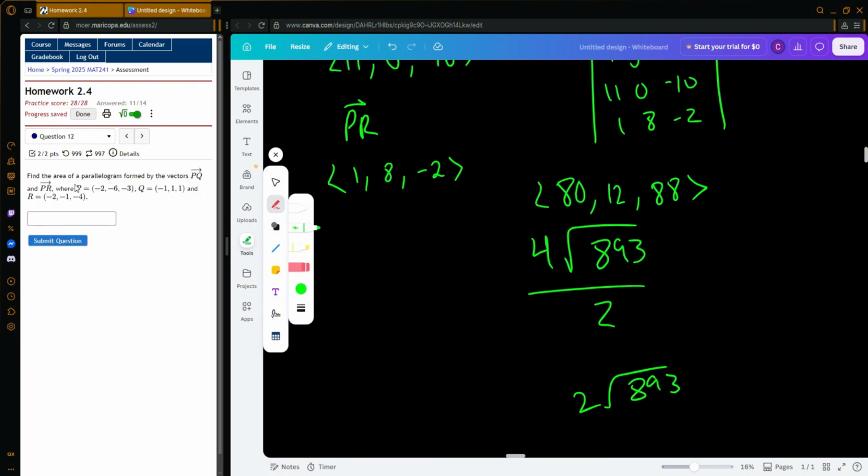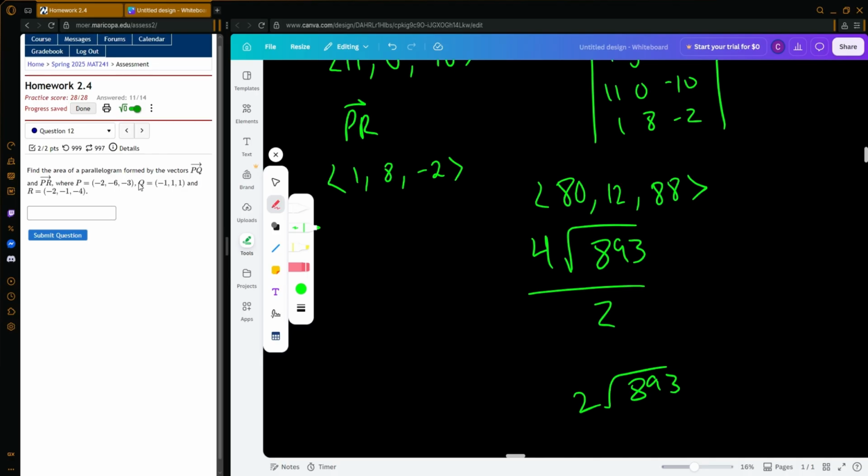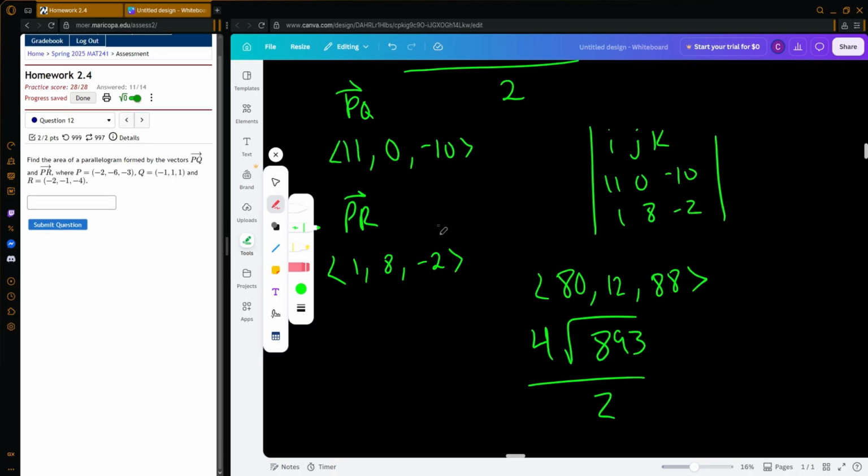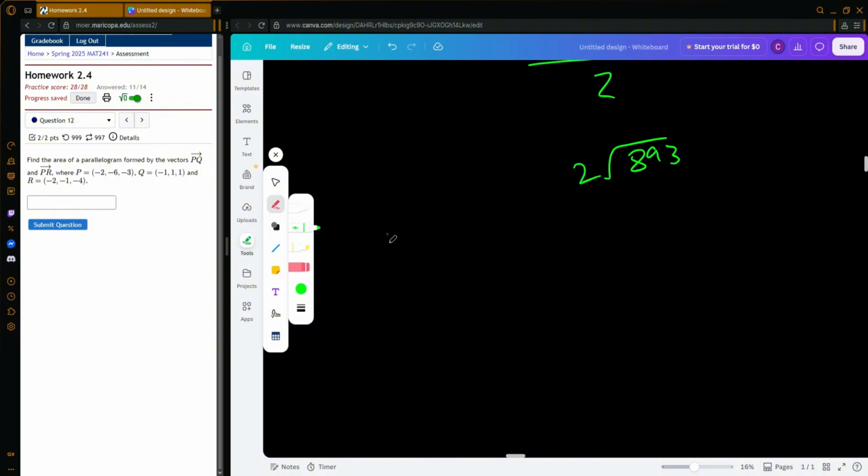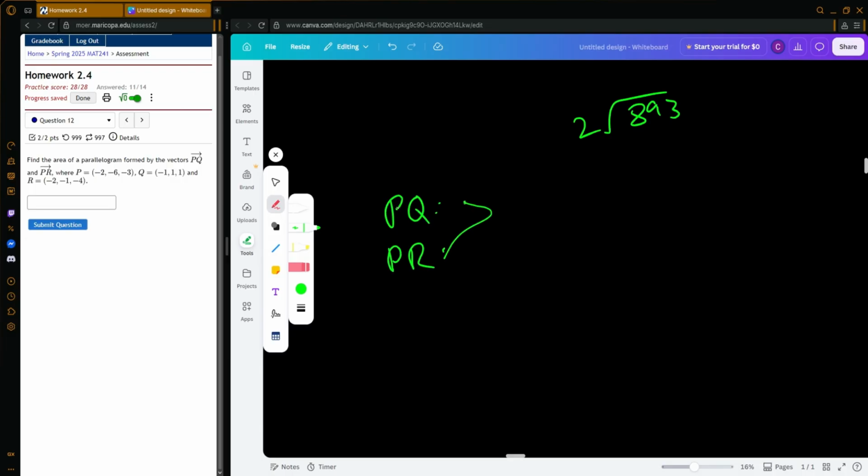We find the area of the parallelogram. So now we're just going to do the same thing we just did, but not divide by 2. So we'll do Q minus P, so PQ, PR. So Q minus P, it's going to be negative 1, negative 1 plus 2 is 1, 1 plus 6 is 7, 1 plus 3 is 4.